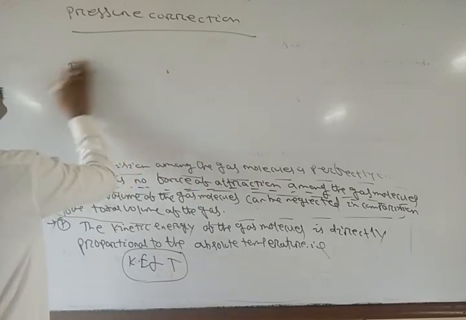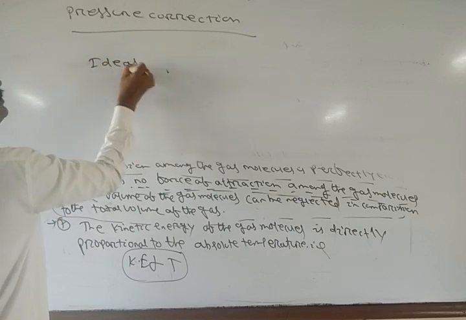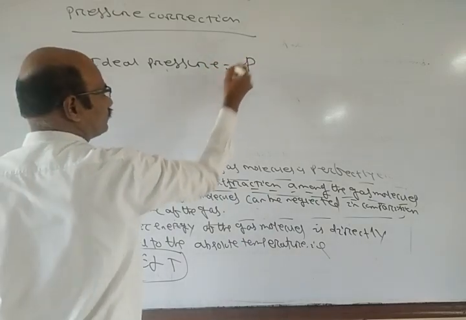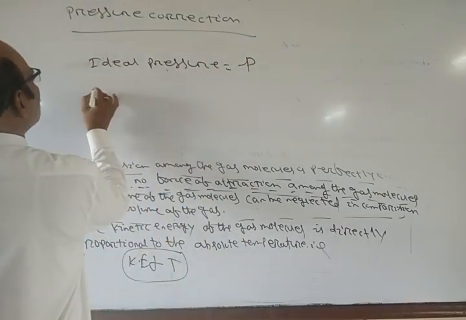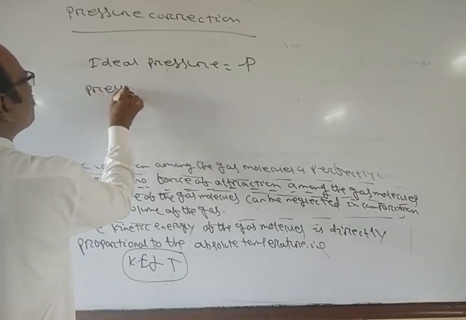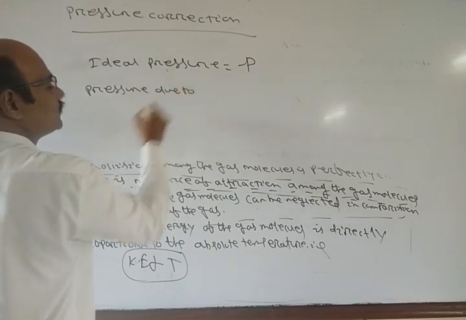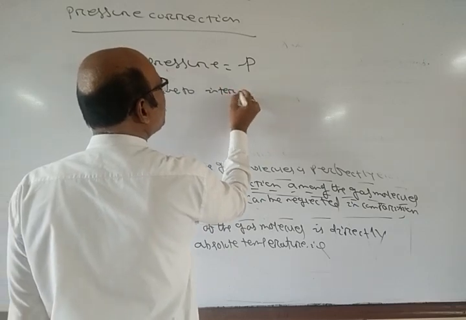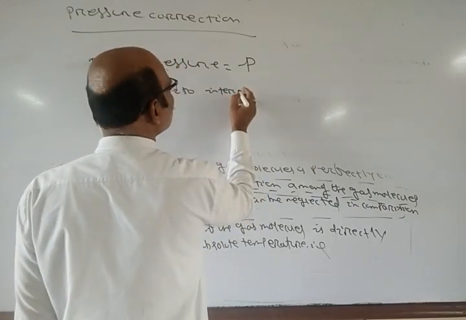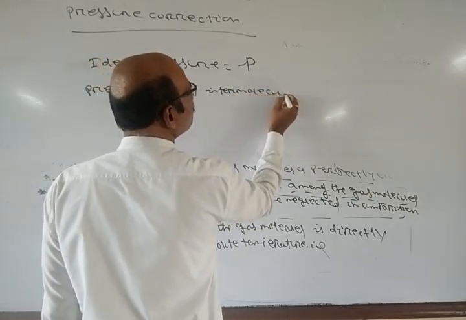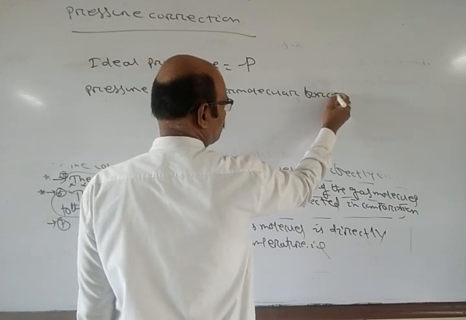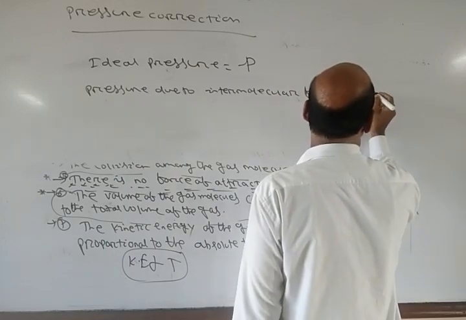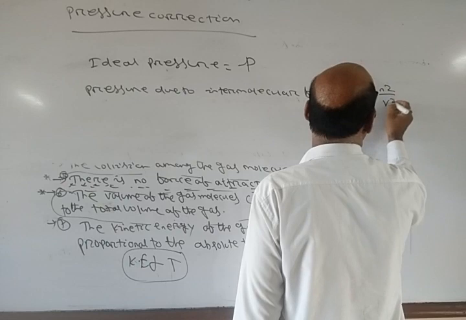We have the ideal pressure P. Now the pressure due to intermolecular forces is a n square by V square.